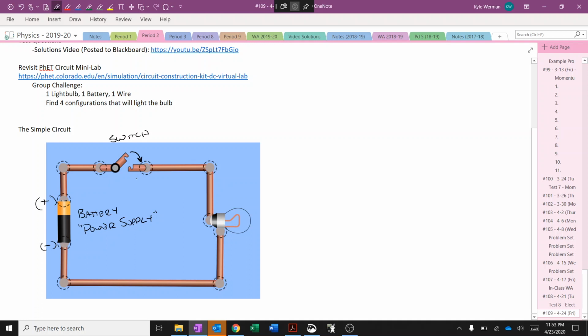So right now it's in the open position, and because it's open, there is no flow of electrons. And when the switch closes, that's when the electrons can flow. And we would say that we have a closed circuit.